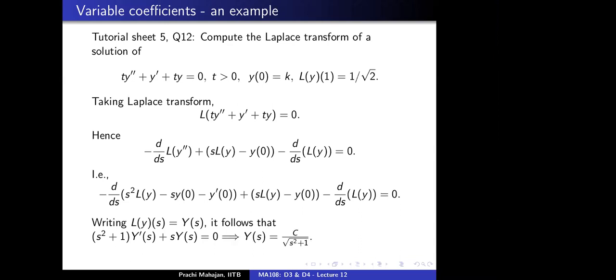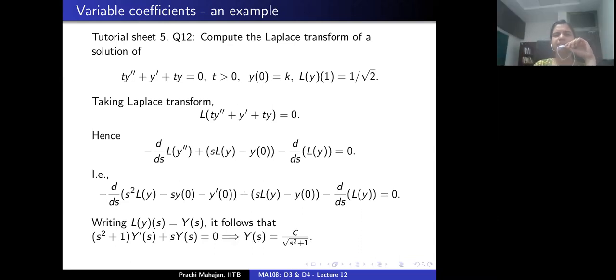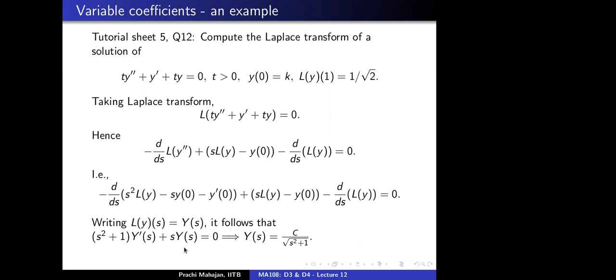Which means that one can write down the Laplace transform of the solution as some constant divided by square root of s square plus 1. You get a first order differential equation which is satisfied by the function capital Y here. How do you solve this first order differential equation? Separation of variables. Excellent, one can separate variables.